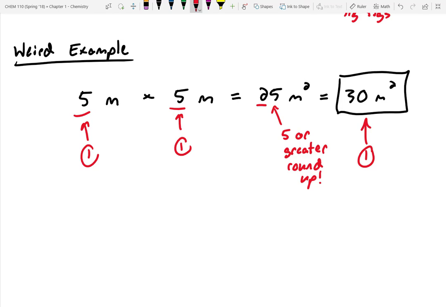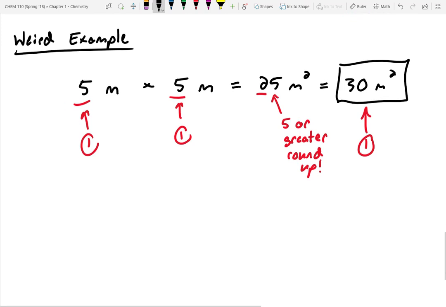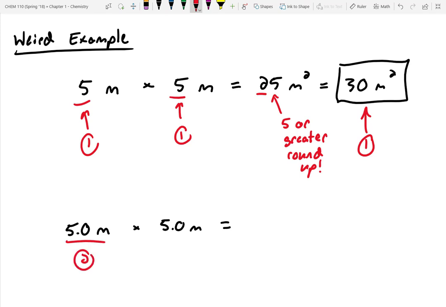It's still that approximation, and we need to be careful with it. If we have a separate example, let's say it's 5.0 meters times 5.0 meters. Now all of a sudden, we've got 2 sig figs and 2 sig figs. And when we do our answer as 25 meters squared, this one also has 2 sig figs.